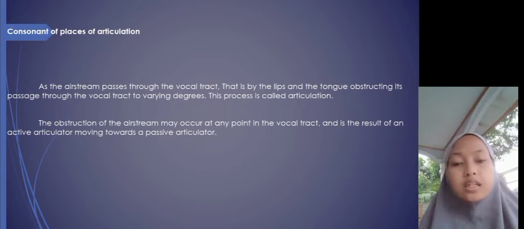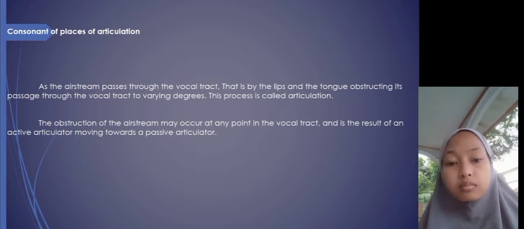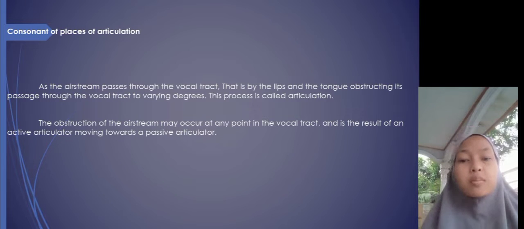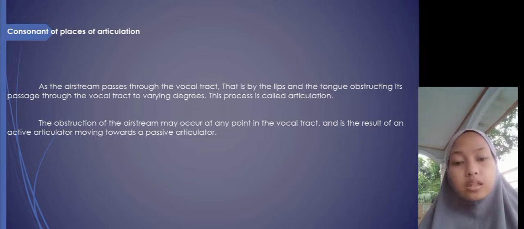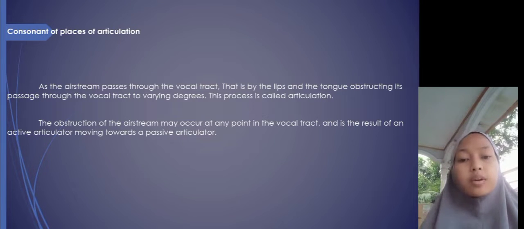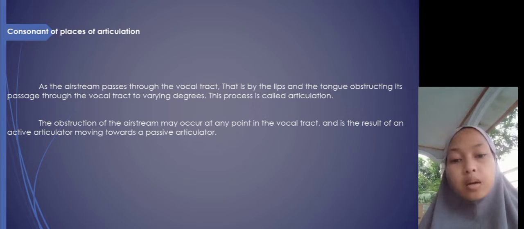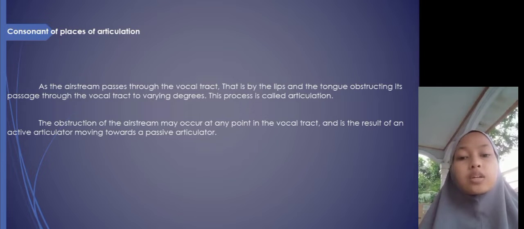And the third is the diaphragm and chest muscles control airflow. The fourth is the vocal cords in the larynx start a vibration cycle which builds up air pressure and generates acoustic waves.